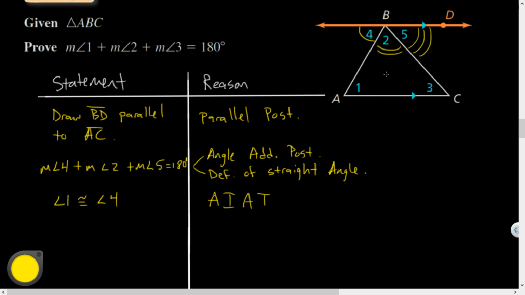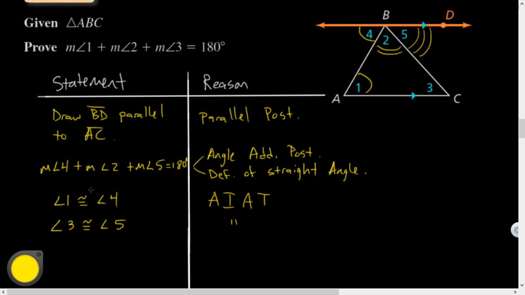It's the converse if I know the angles are congruent and was proving the lines parallel. Is there another pair of alternate interior angles here that you see? 3 and 5. So I'll also say angle 3 is congruent to angle 5 for the same reason. Or I could have done a ditto.